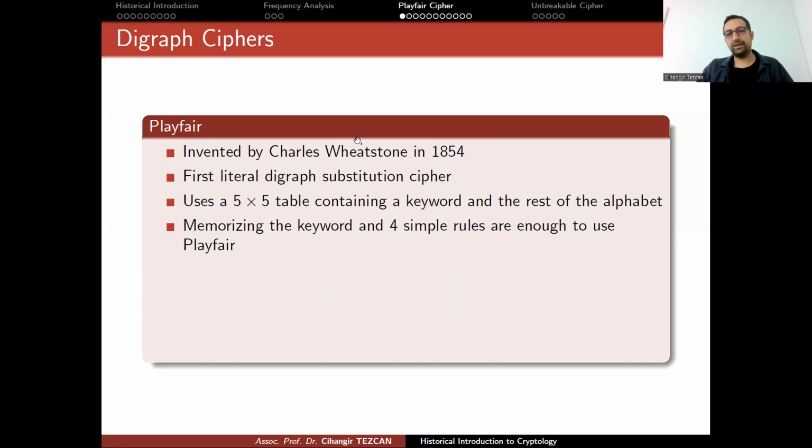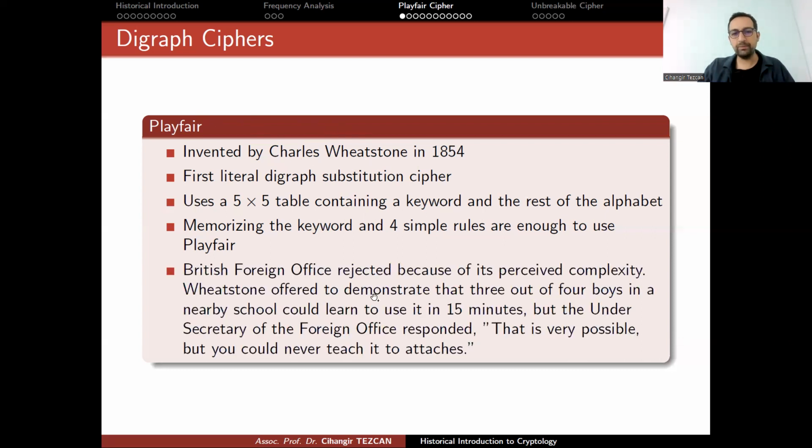But you may say that, okay, the inventor is Charles Wheatstone, but it is called Playfair because it was promoted by Lord Playfair. Initially, the British Foreign Office rejected this algorithm because of its perceived complexity. Wheatstone offered to demonstrate that 3 out of 4 boys in a nearby school could learn to use it in 15 minutes.